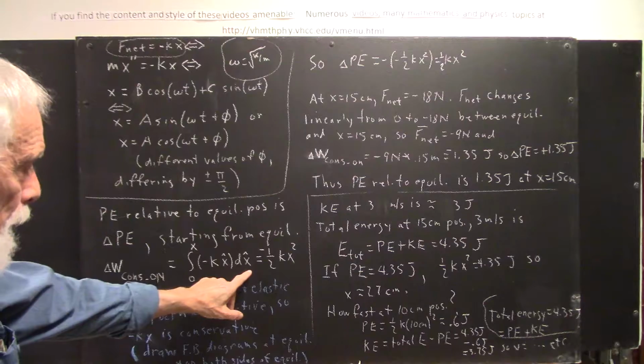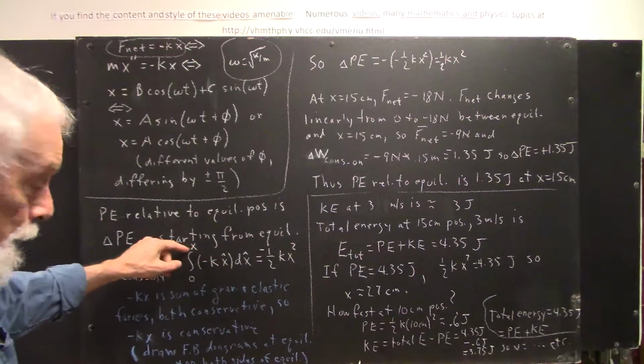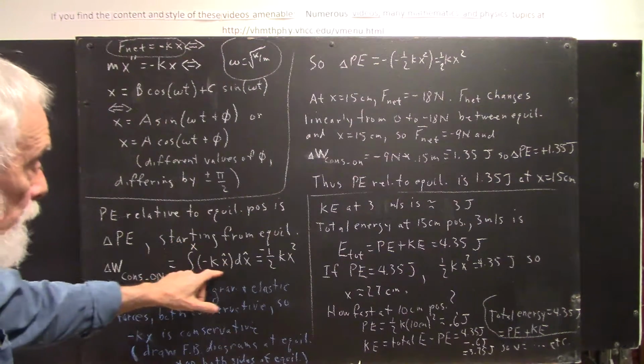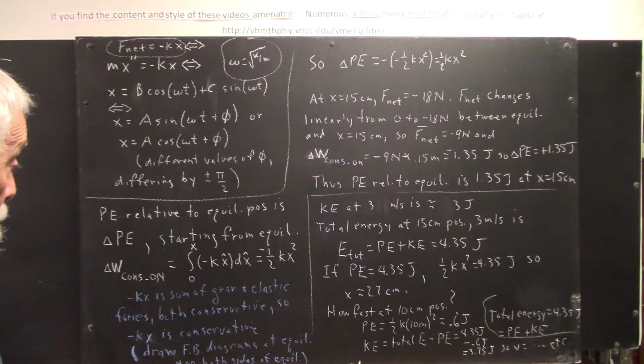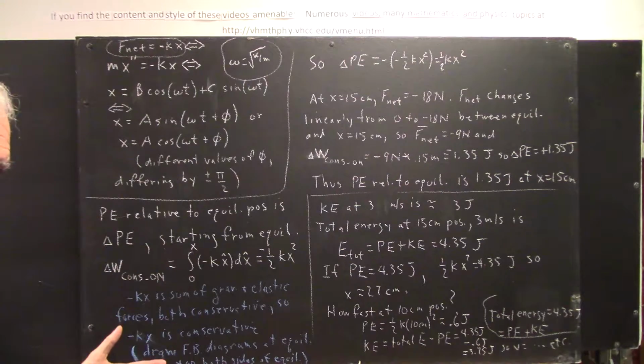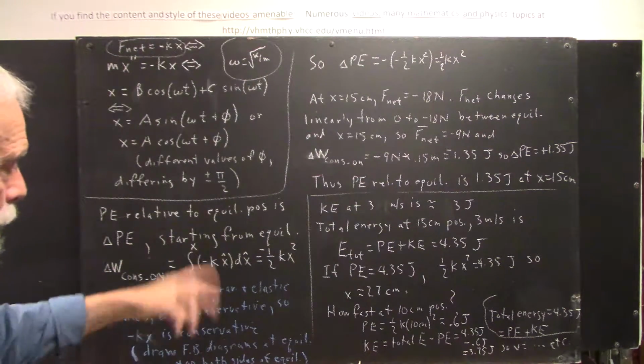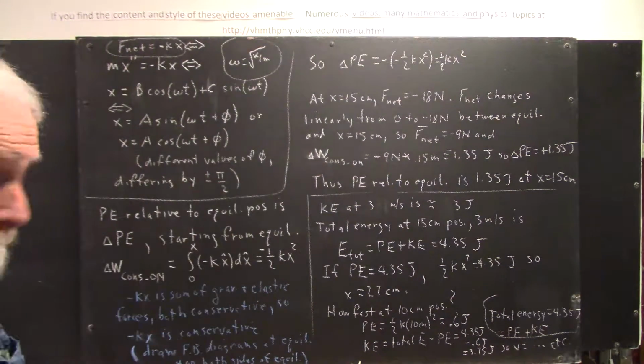And I just use an x hat here because I didn't want to have an x here and an x here. This x is our variable of integration. This x is the position at which we want to get our potential energy.